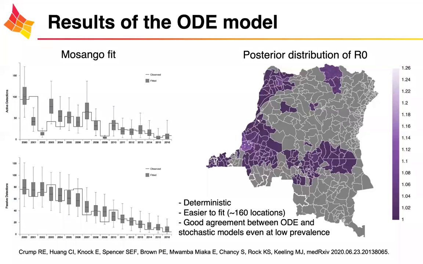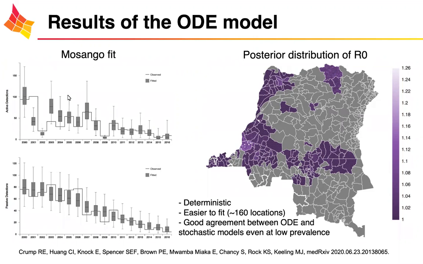At the moment, it's been done with MCMC methods in the group, and for different regions, like health zones, the fitting is done based on the number of screened people and the number of cases reported.